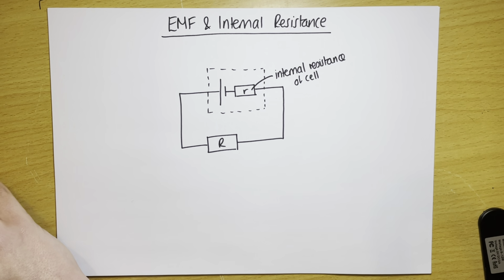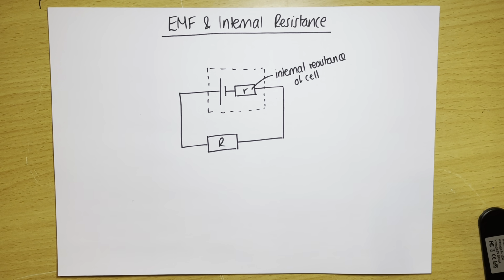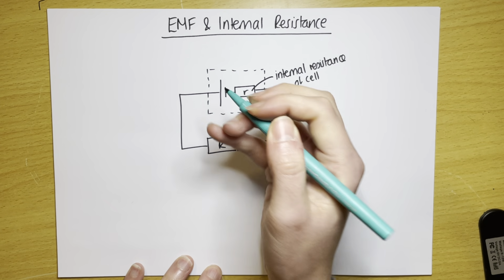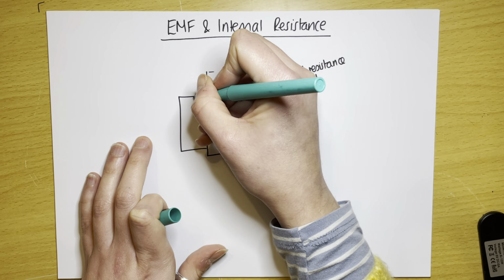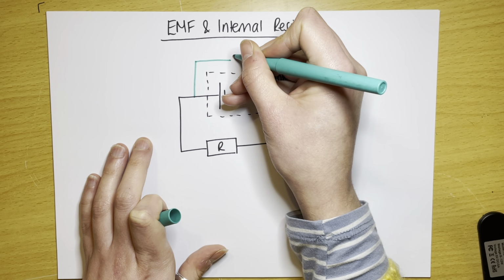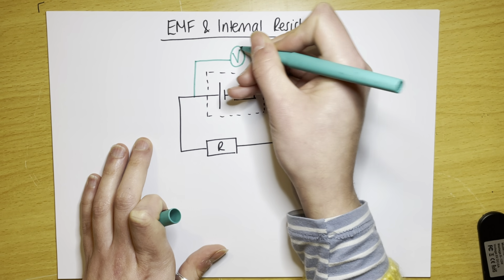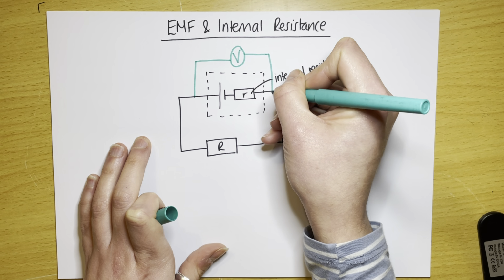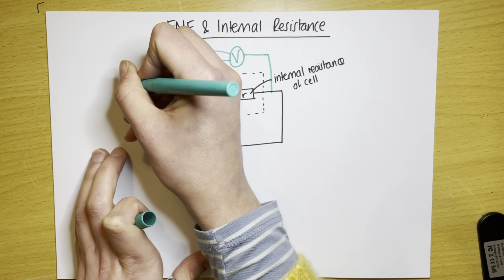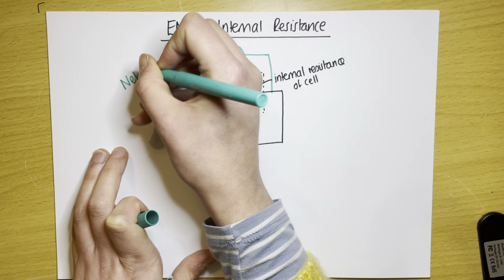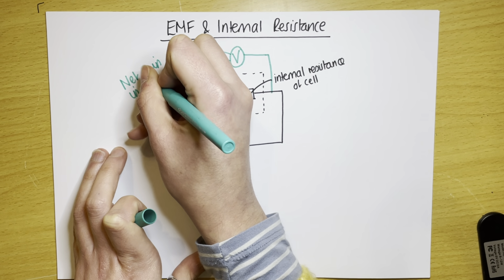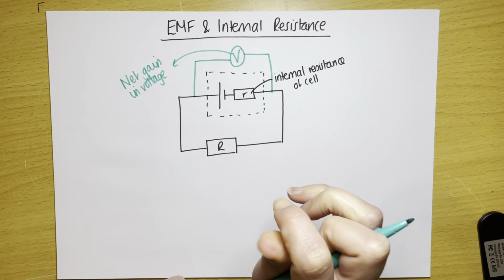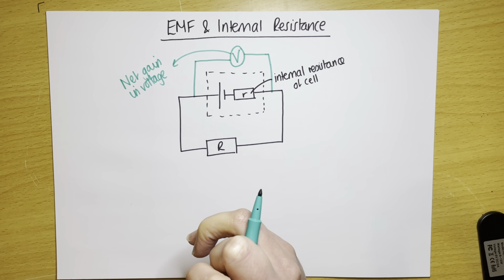So if we think about this whole thing as the cell, I can put a voltmeter across the whole cell. This voltmeter is going to read the net gain in voltage as a coulomb of electrons passes through the cell.